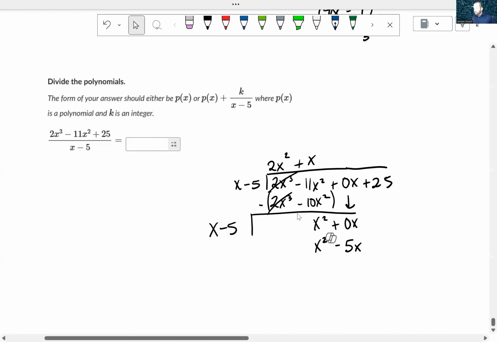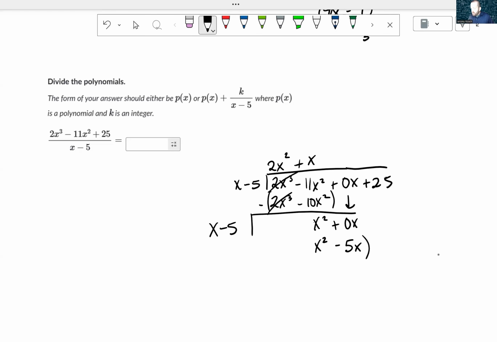And the question should have been, how many x minus 5s go into x squared plus 0x, or just x squared? The answer is still going to be x. So we still get x squared minus 5x down here. Now when we subtract, though, our x squareds cancel.